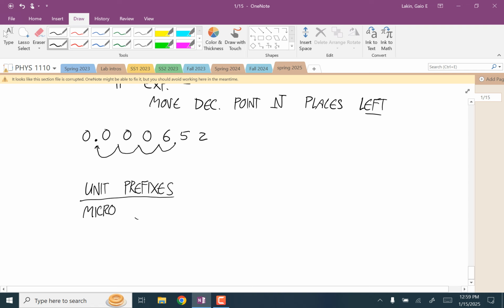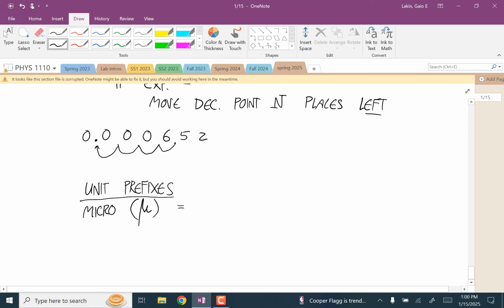Micro, which is represented with the Greek letter mu. You can always remember what mu is because it's spelled mu, and it looks kind of halfway between an M and a U.